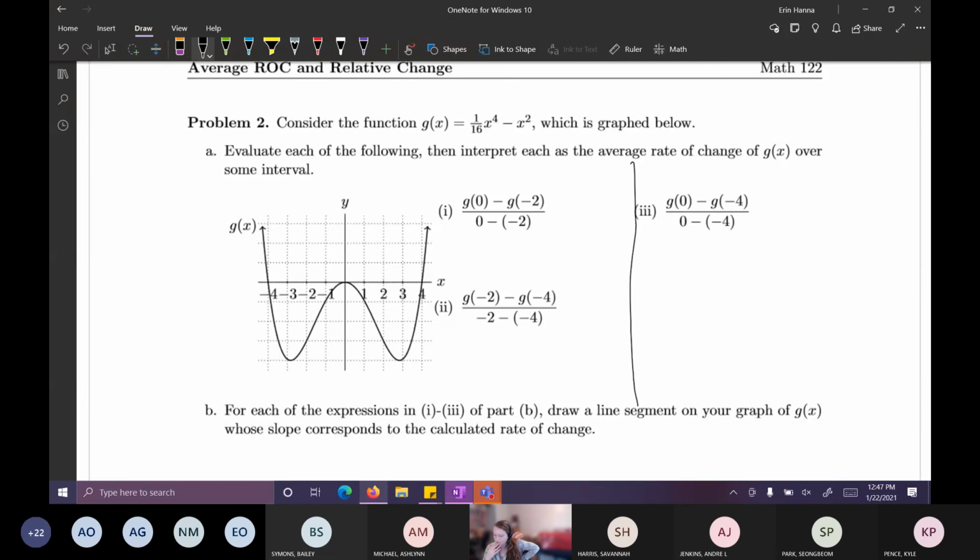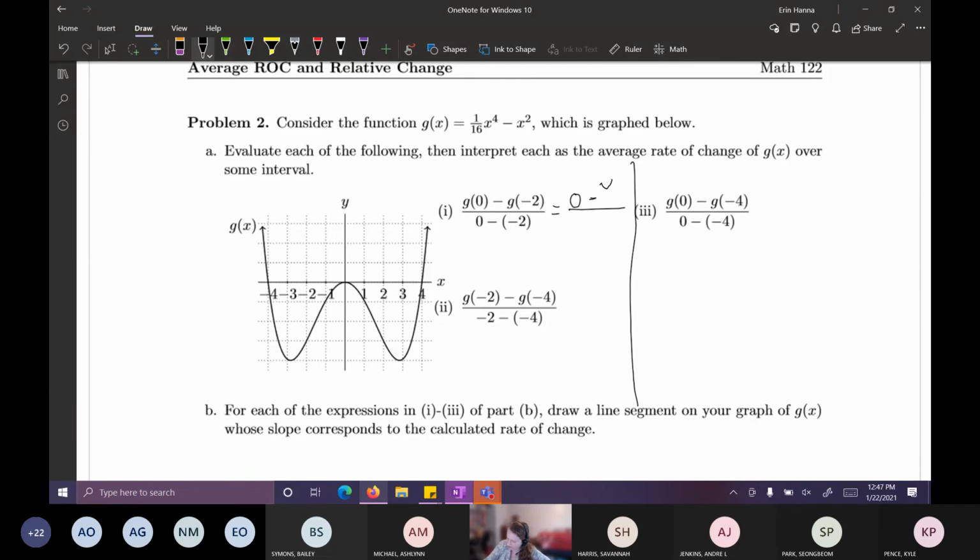So this first one, if we plug in 0 to that function, now I know there's not a ton of space here, so we need to be a little careful. If we plug in 0 into this function, we're going to have 0 minus 0. So that's going to give me 0. And then if I plug in -2, we'll have 1/16 times -2 to the 4th minus -2 squared.